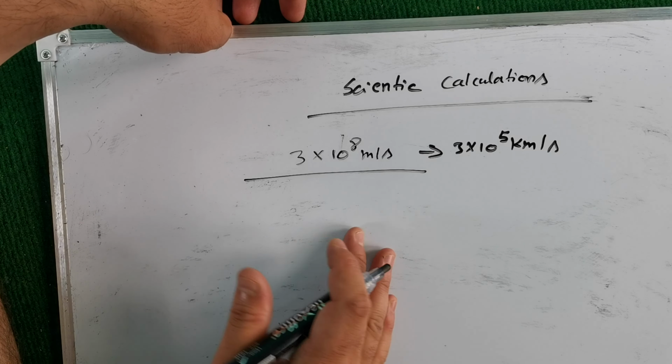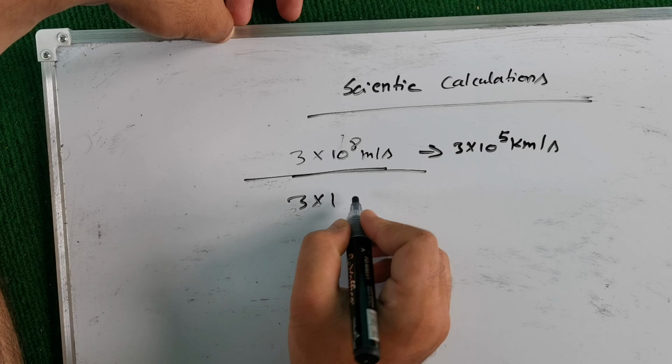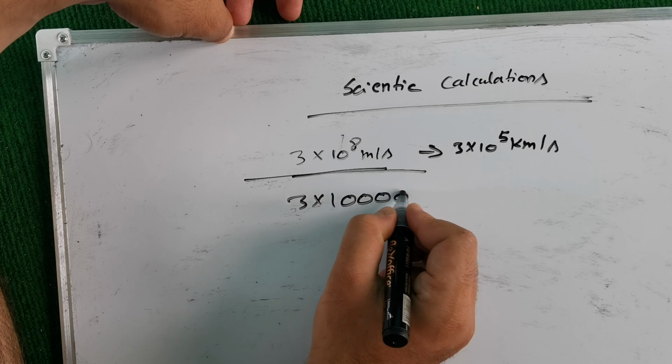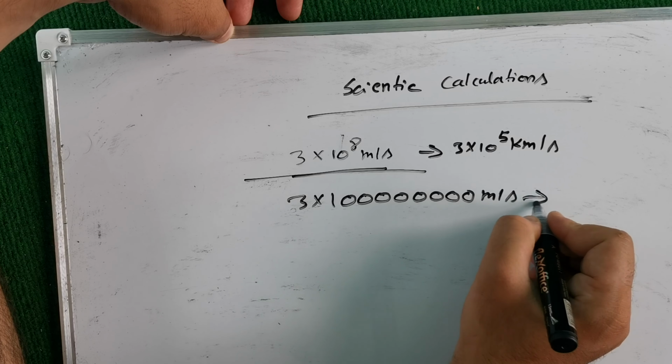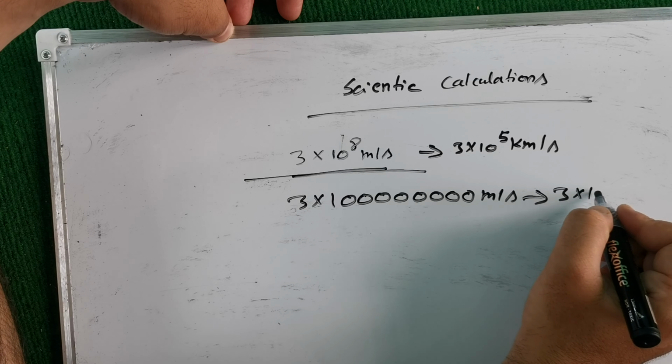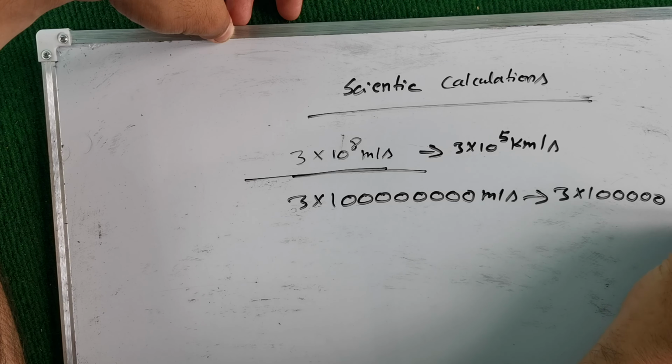It is easy to write in this form, but it is hard to write 3 followed by eight zeros meter per second, or 3 followed by five zeros kilometer per second.